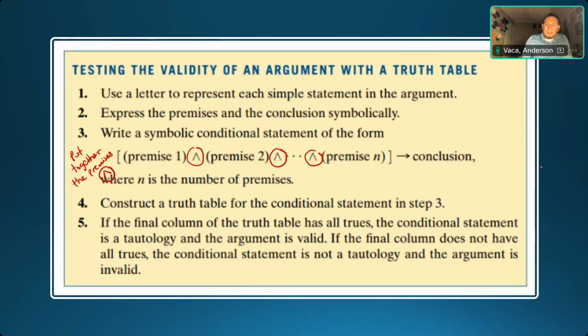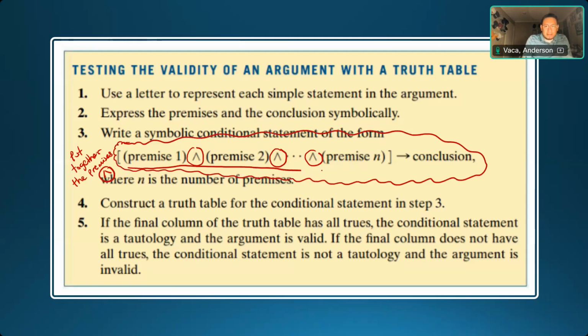But if you look at the whole thing, we are creating a conditional statement where the first part of it is all the premises put together, and of course, the conclusion will be the conclusion.